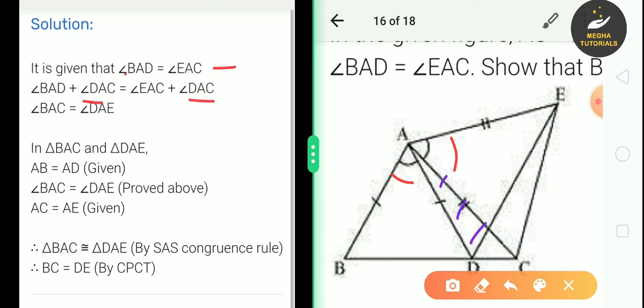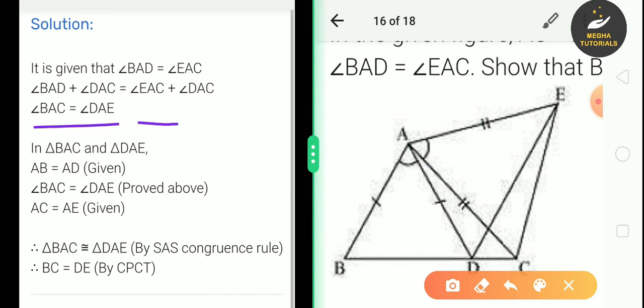So angle BAD plus angle DAC is equal to angle EAC plus angle DAC. BAD plus DAC gives BAC, and EAC plus DAC gives angle EAD, or angle DAE. Therefore, we can write angle BAC is equal to angle DAE.